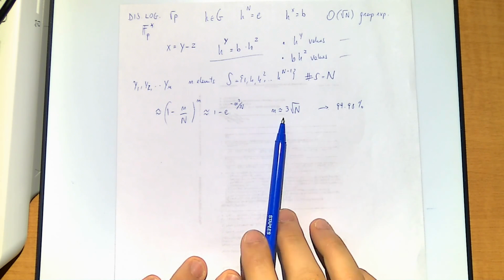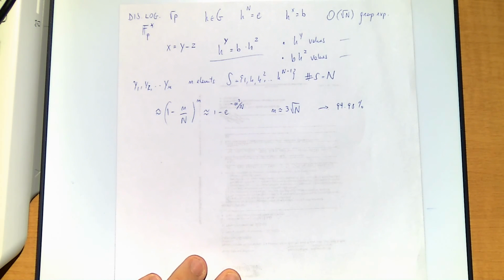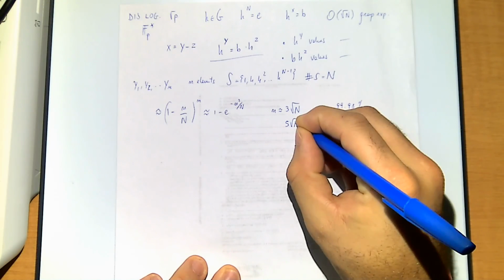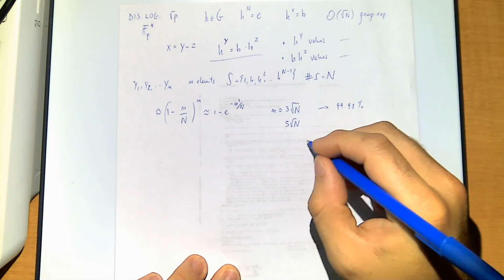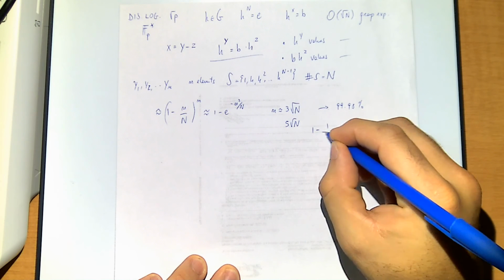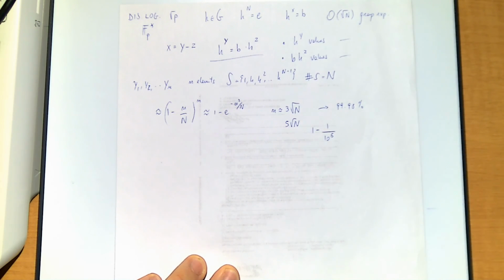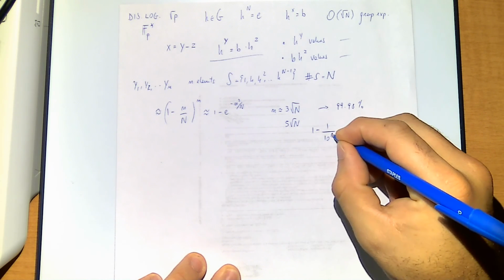You just have to choose the size of the list about 3 square root of N. And if that is not good enough, then you can take n even bigger. You can take n about 5 square root of N, and then your probability of success is 1 minus 1 over 10 to the 5. Actually, no, that's not true. It's 10 to the 10.